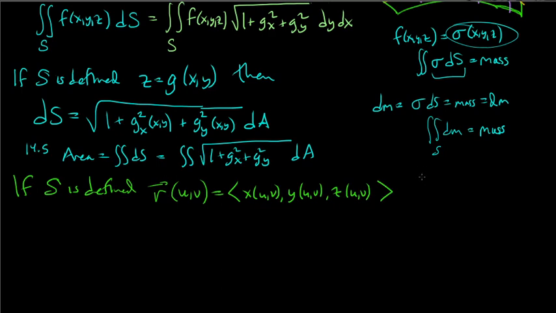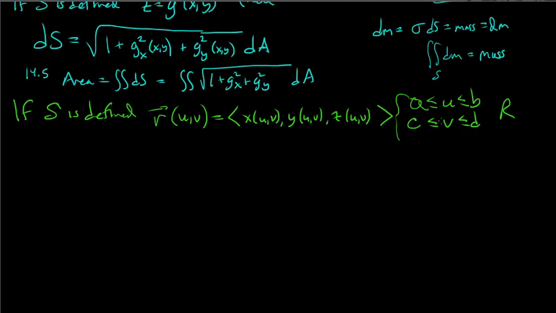And then u and v range over some interval here. Say u is between a and b and v is between c and d. That defines the region R of the uv plane.